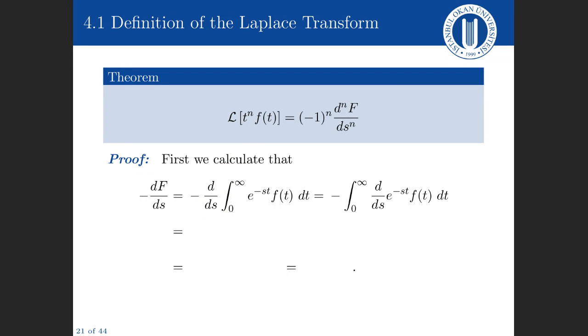I'm being a little bit lazy here. Remember, integral from 0 to infinity really means the limit as capital R tends to infinity of the integral from 0 to capital R. But I don't want to write that every time. When I write integral from 0 to infinity, I'm assuming that you know I really mean a limit.